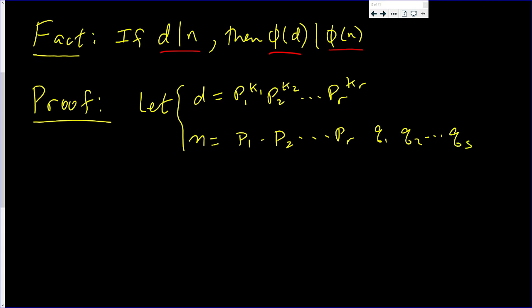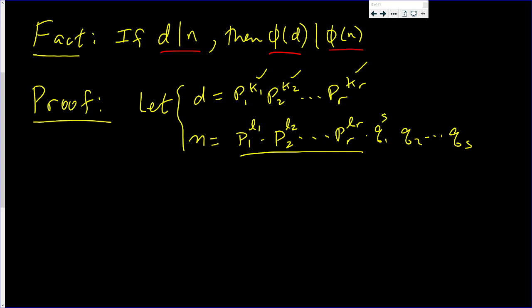Now, when it comes to the P primes, the powers have to be at least as large as the corresponding powers in D. So we have L1, L2, all the way up to LR.